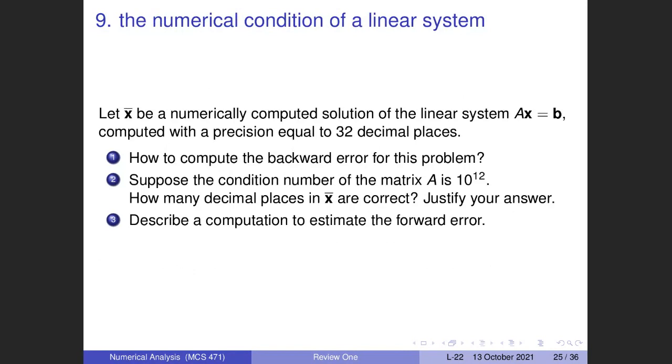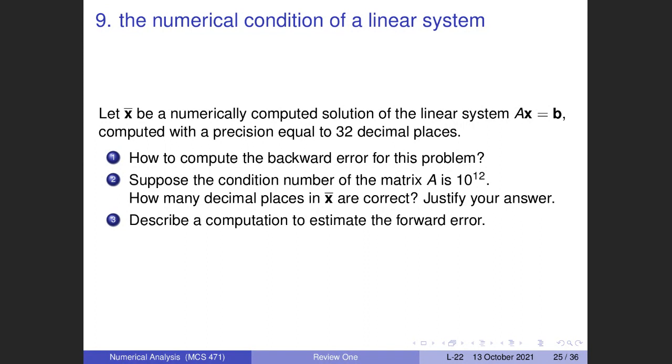All right, I have the answer for this question. We have encountered this question already in an exercise and also in the last project. We have a numerically computed solution, computed with a working precision of 30 decimal places. How would you verify that? What is the backward error?